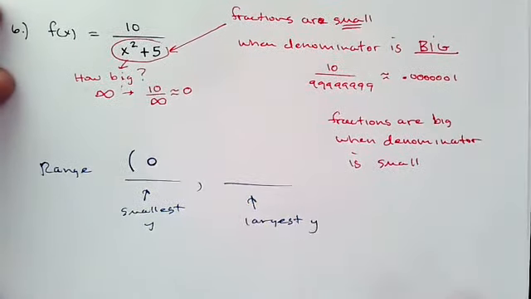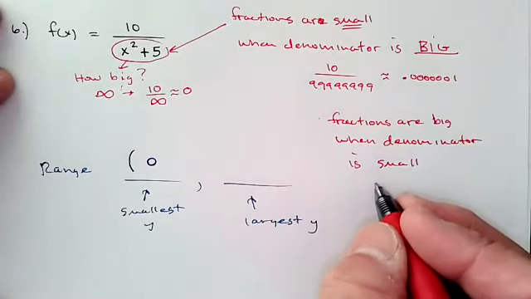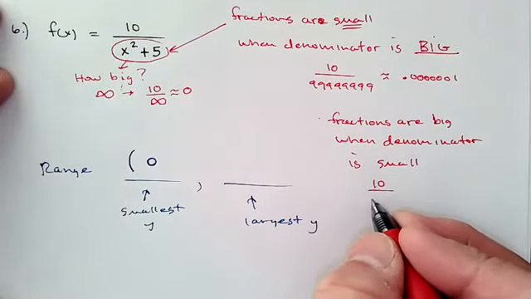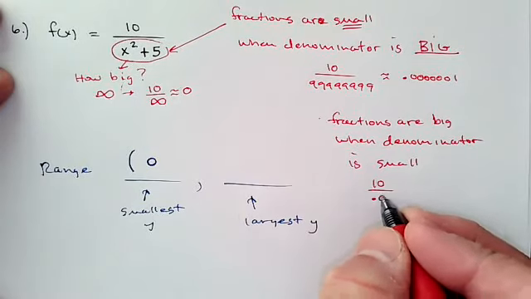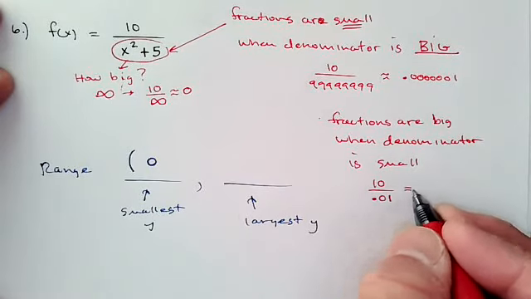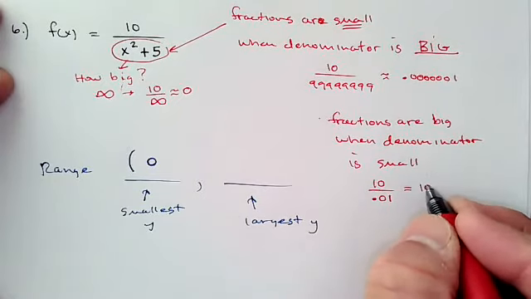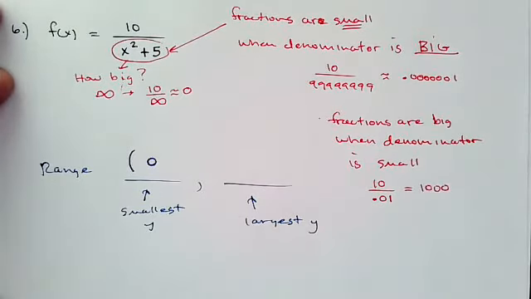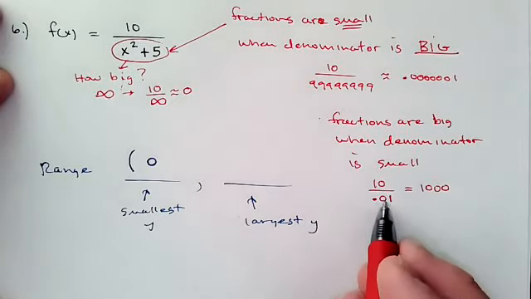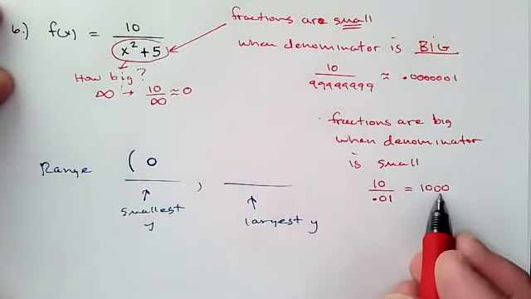When the denominator is small, fractions get big. For example, if you did 10 divided by 0.01, that's actually going to be 10 divided by 1/100. So you flip and multiply, that's actually going to be 1,000, right? So the smaller that denominator gets, the bigger the value of your fraction gets.